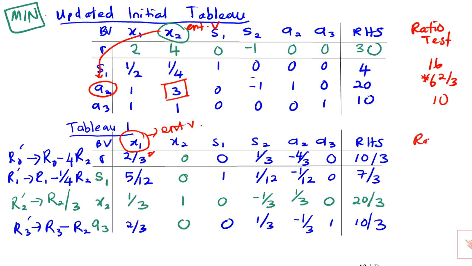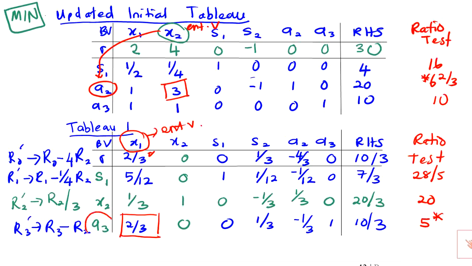And then by using the ratio test, we get the ratios 28 over 5, 20, and 5. So the smallest ratio is 5. So the pivot element is 2 over 3.